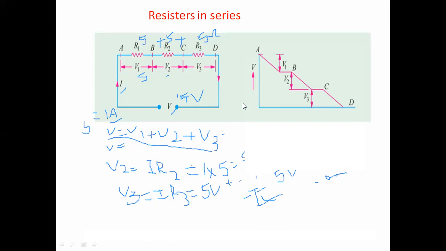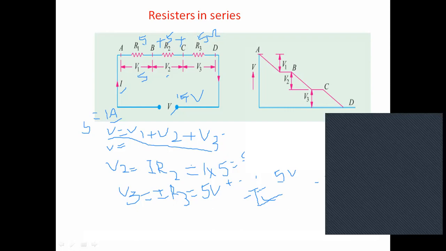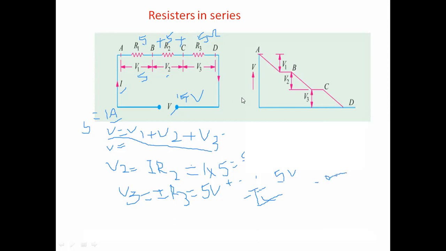Another way is that by changing the resistance, the current can be changed. So what current are we changing? Here we have 1 ampere of current. Here we have something like a potentiometer.